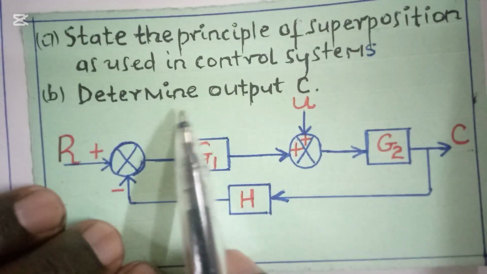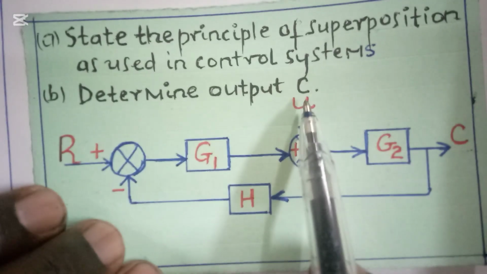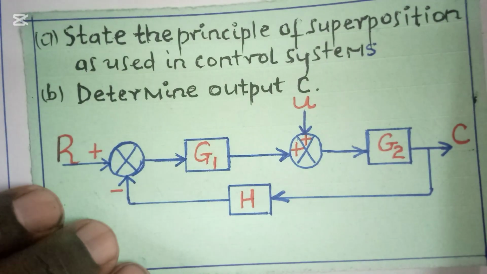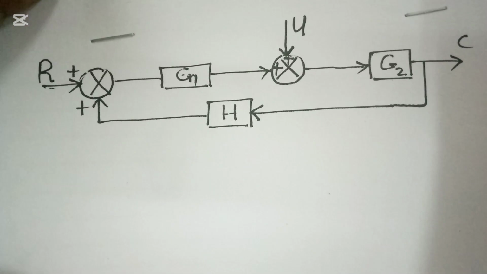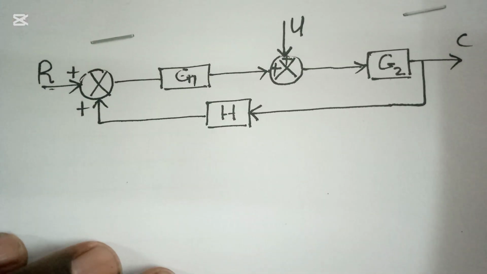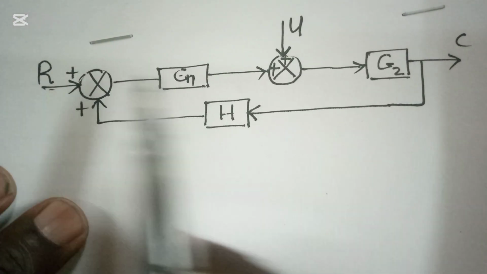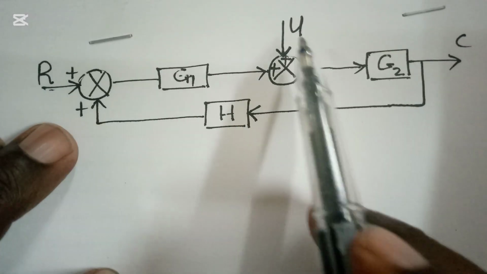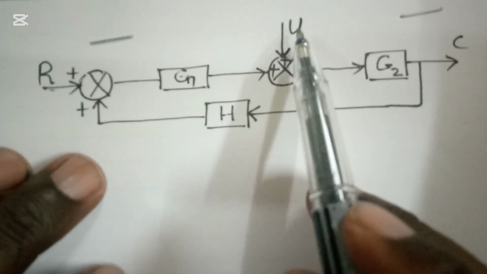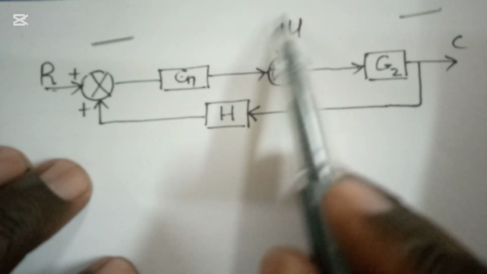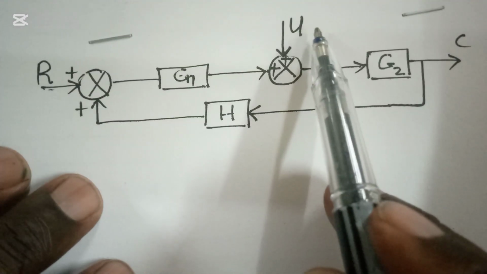Guys, now we come to determine the output C, and so that's what we are going to do right here. I'm first of all going to take R as the input while taking U as 0. So we consider R, and U we take as equal to 0.